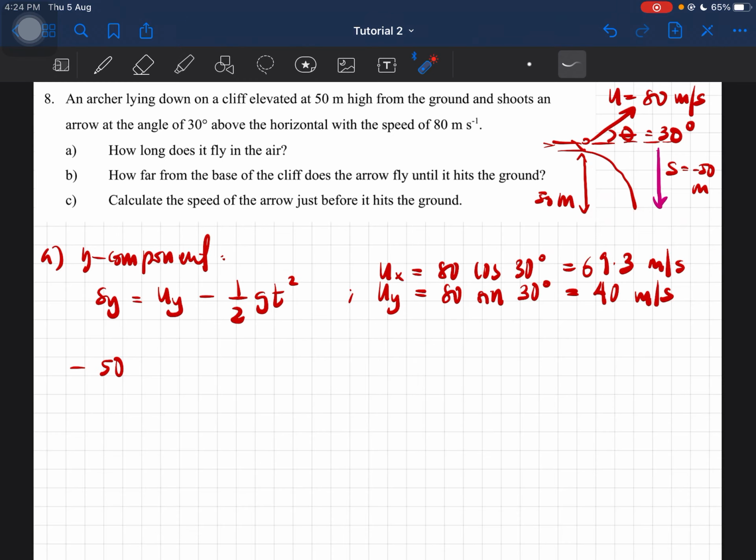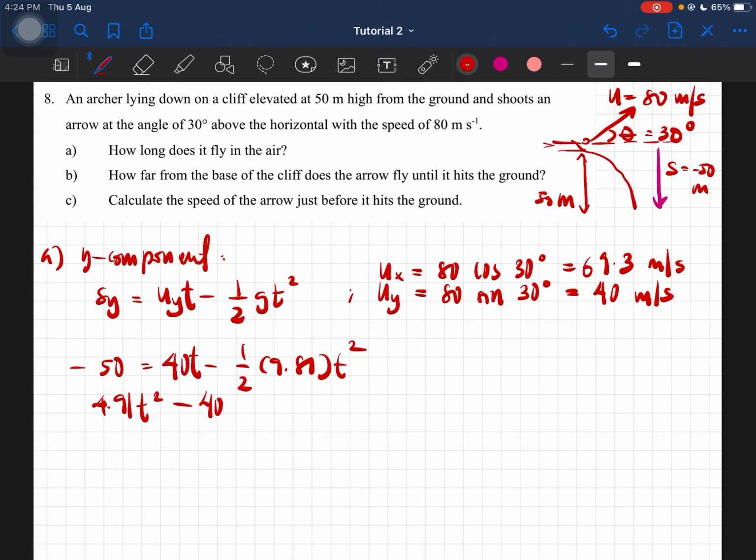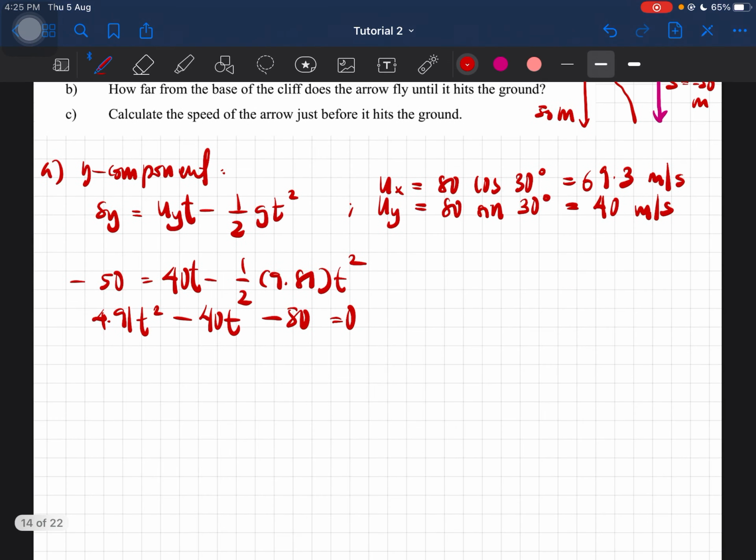Okay, this is sx. Okay, now negative 50 equals uy, which is 40t, minus half 9.81 t. Hey, I keep forgetting t square. Okay, so here you'll get 4.91 t square minus 40t minus 50 equal to 0.